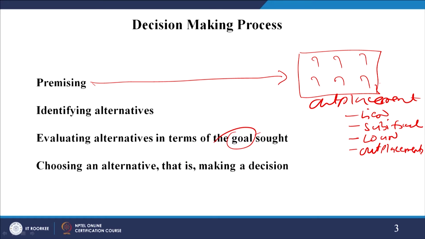Whether you want to go for lien, sabbatical, loaning or outplacement will be decided on the basis of the goal of the organization. So, alternatives, evaluating the alternatives on certain parameters, and then the final decision is to be taken.